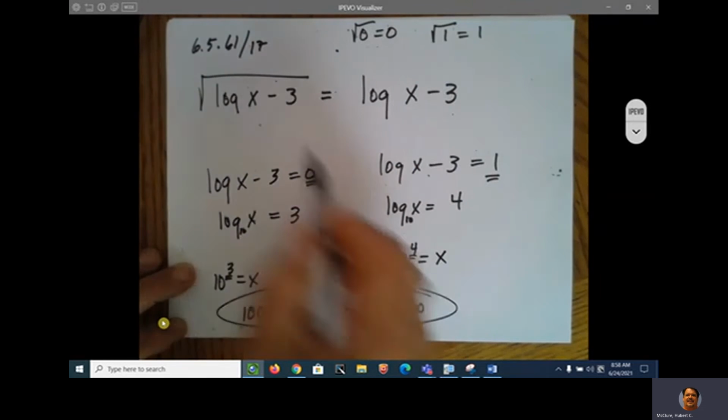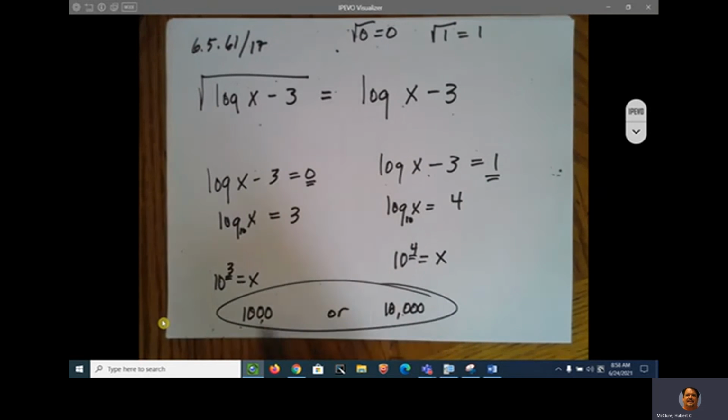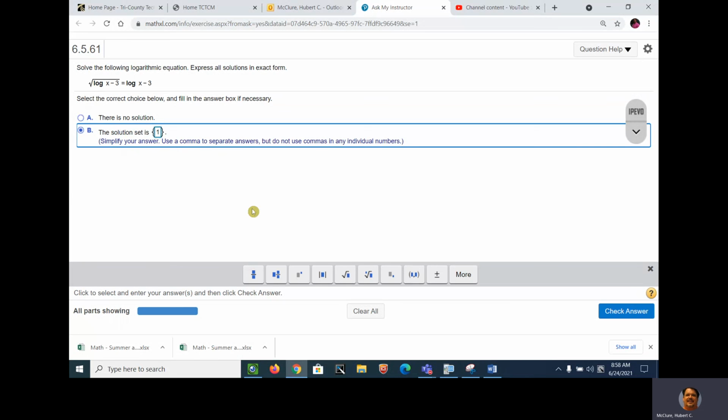If you plug in 10,000 right here, you're going to get the same thing over here. So your answer is 1,000, 10,000. That's a good test question because it's kind of short and sweet once you look at it.